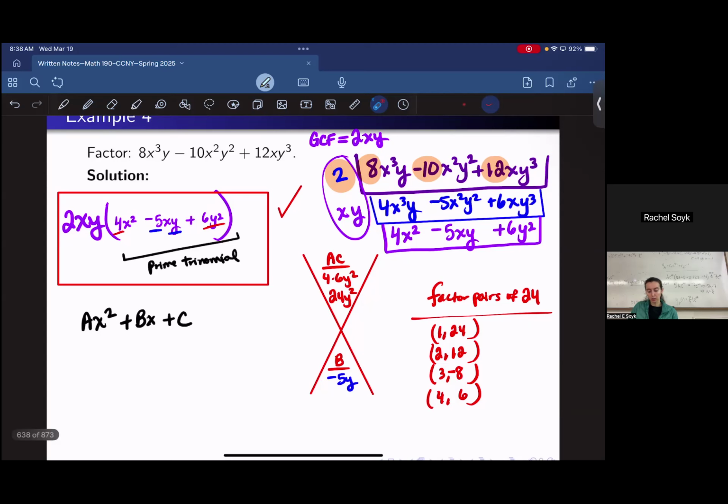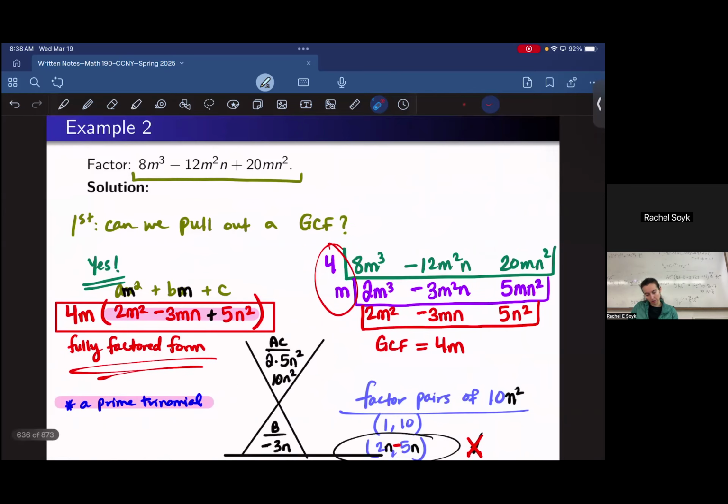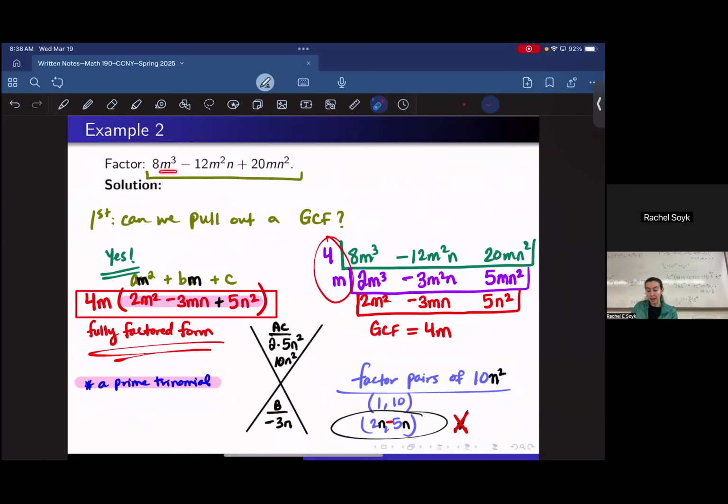Just like we did earlier, I think this was an example 2. We were dealing with m's and n's. And so instead of looking at our general equation ax squared plus bx plus c, we were looking at now, okay, what is that x instead? We're going to make that x our m. So we're looking at am squared plus bm plus c.